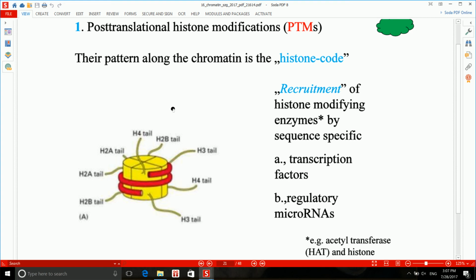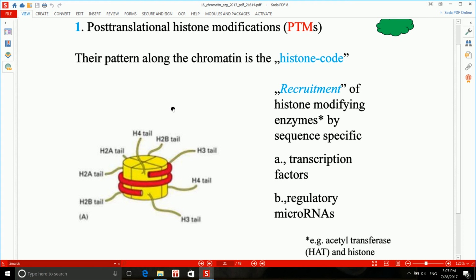And phosphorylation isn't really that important. What you need to know about phosphorylation is that, as far as I know, in most cases it doesn't fully inactivate or activate transcription of genes.